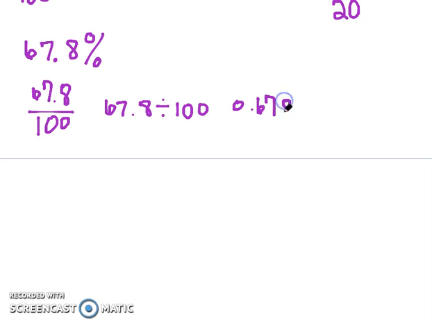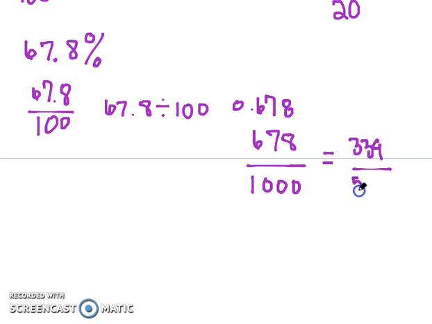Now that I have it as a decimal, I can write this as a fraction. Going from this point to a fraction can be tricky, but now I have 678 thousandths, which can be written as 678 over 1,000, which simplifies to, I know they're both divisible by 2, 339 over 500.